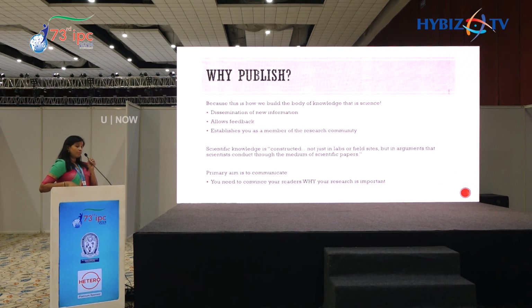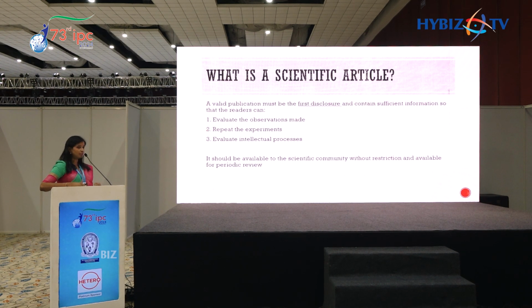So the primary aim of publishing is to communicate. You want to tell people why your research is important, but it must be first disclosure, the first time people are reading it, and hence it's unique. The paper must also have enough information so that people can know what you did and what you observed, and if they want, they can repeat the experiment and evaluate your intellectual process.